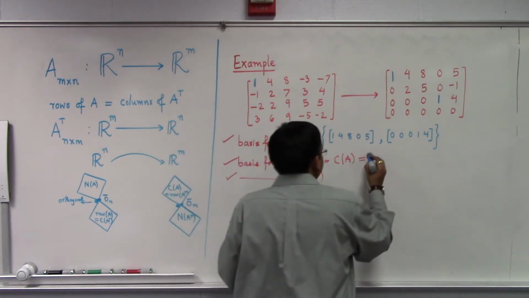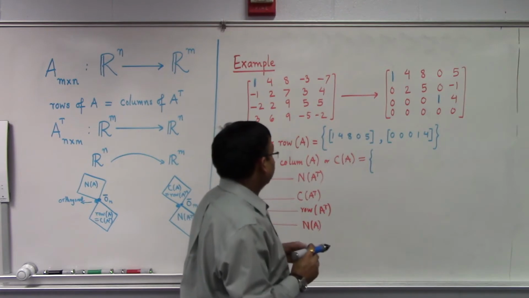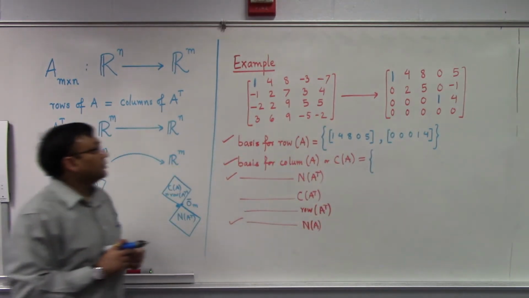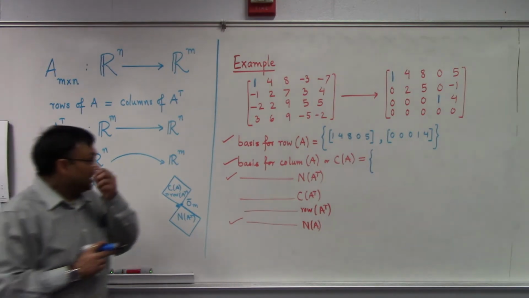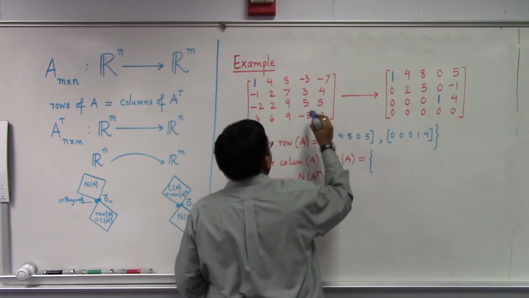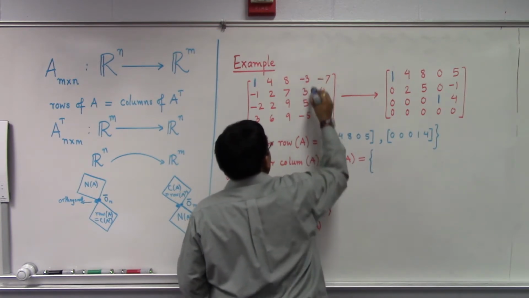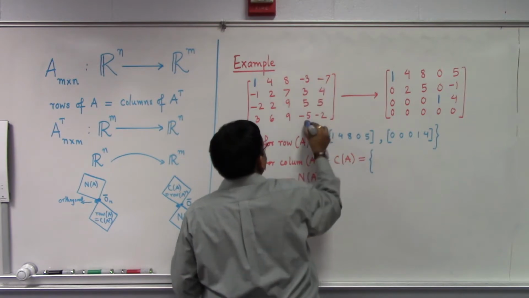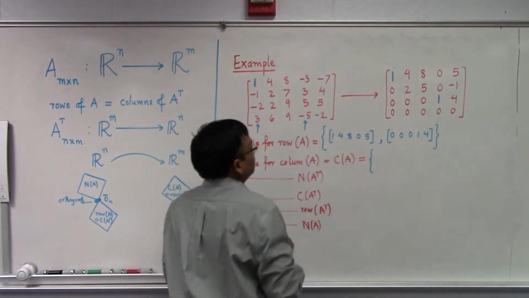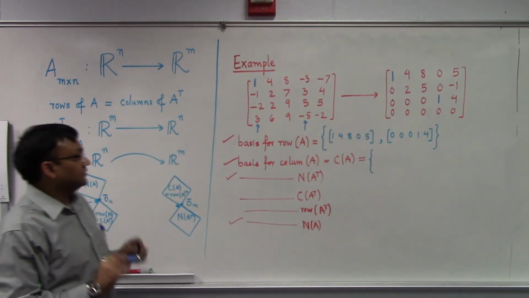But when it comes to the column space, life is a little difficult. Remember, we figured out that the column space of the reduced matrix need not be the same as the column space of my original matrix. However, it does tell me which columns are my pivot columns. So for example, in this case, my fourth column is a pivot column and my first column is a pivot column. That information remains unchanged.